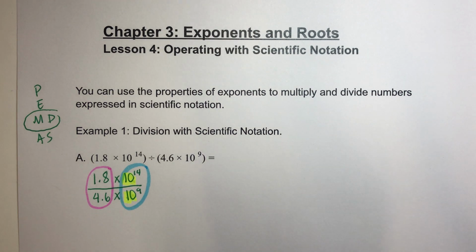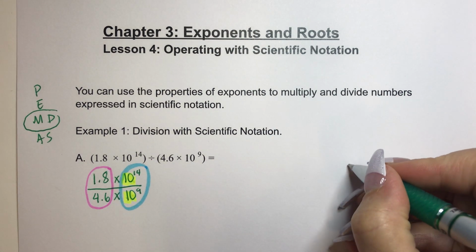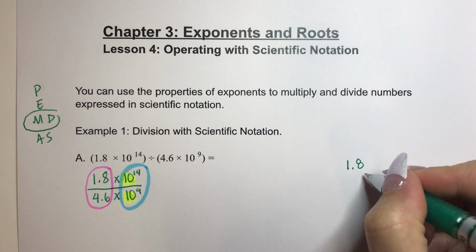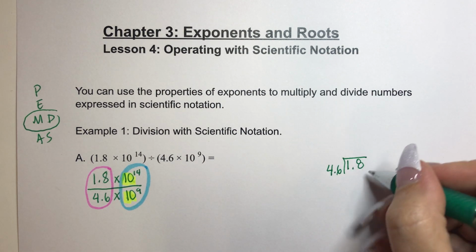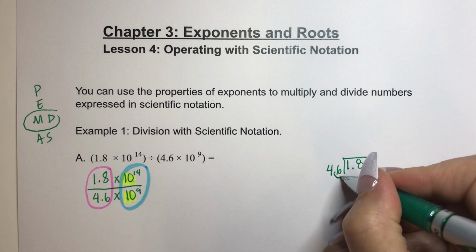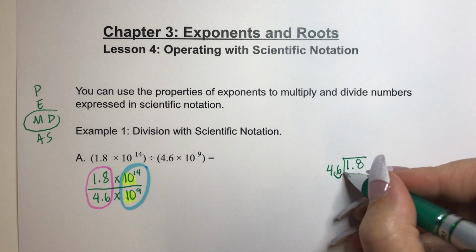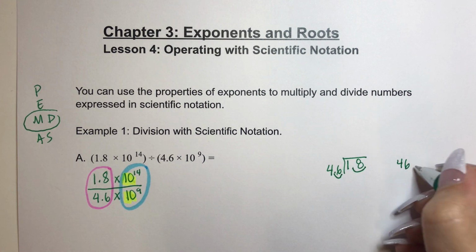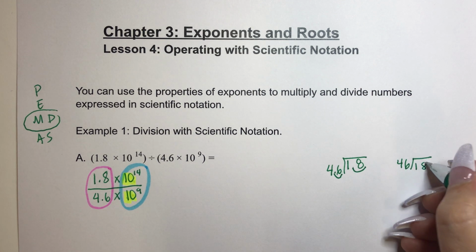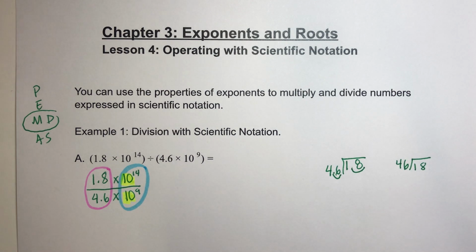So 1.8, I'm going to go over here. This is going to be my little side paper. 1.8 divided by 4.6. Whenever you're dividing by decimals, you have to remember you can never divide by decimals. So I have to move this over one place, and if I do that here, I have to do it here. So we really have 18 divided by 46.